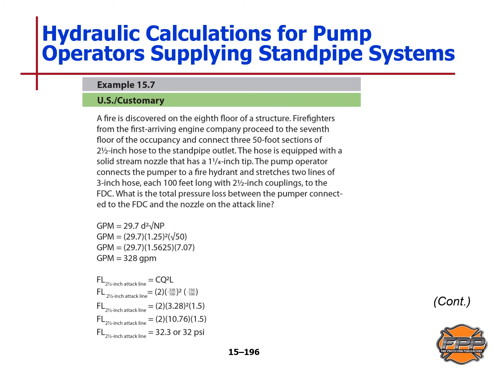If we do the math, our friction loss for the 2.5-inch attack line is 2 times 3.28 squared times 1.5. And when we do the math, we come up with friction loss for the 2.5-inch attack line equaling 2 times 10.76 times 1.5. And that gives us a total of friction loss on the 2.5-inch attack line at 32.3, and we round to 32 psi.